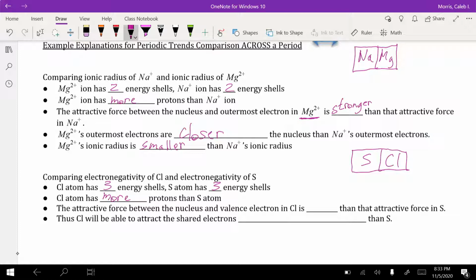So that means the attractive force between the nucleus and the valence electrons in chlorine is stronger than the attractive force in sulfur. Thus, chlorine will be able to attract the shared electrons more strongly than sulfur.